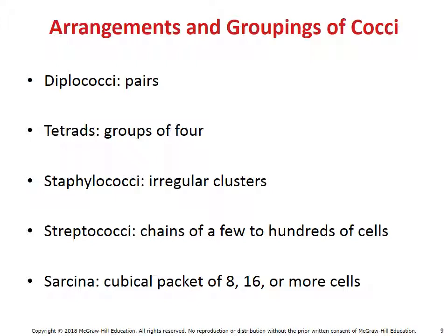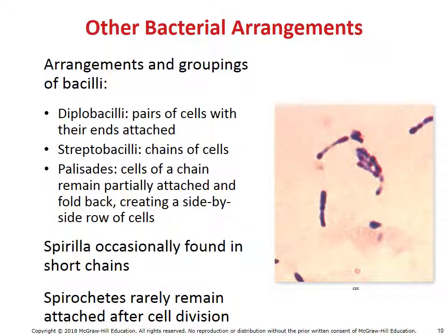Streptococcus is a chain. And then Sarcina is usually a cuboidal packet that increases as a cube. The bacilli are also going to come in arrangements, including things like diplobacilli, or 2 rods end to end. We also see things like streptobacilli, which is a chain of cells.